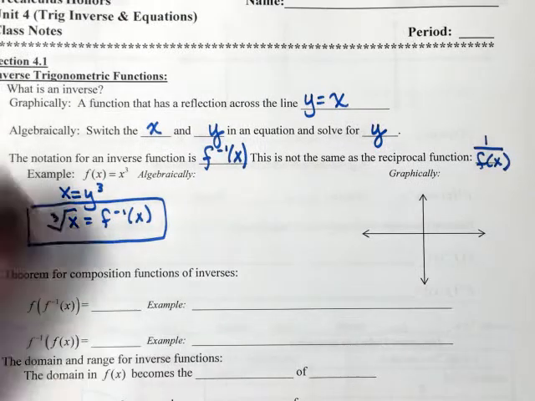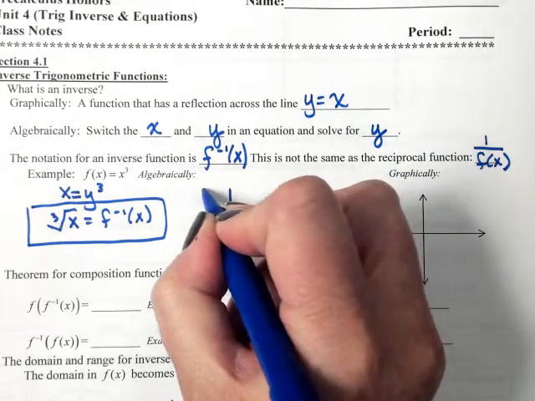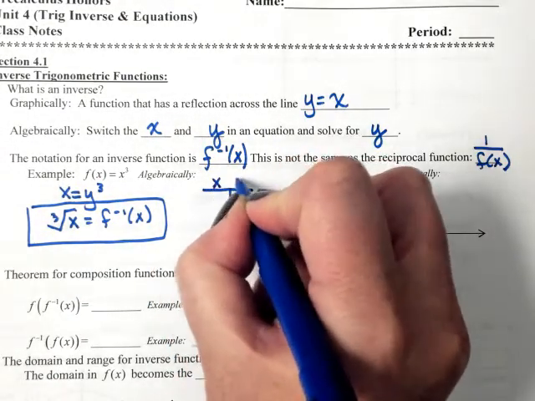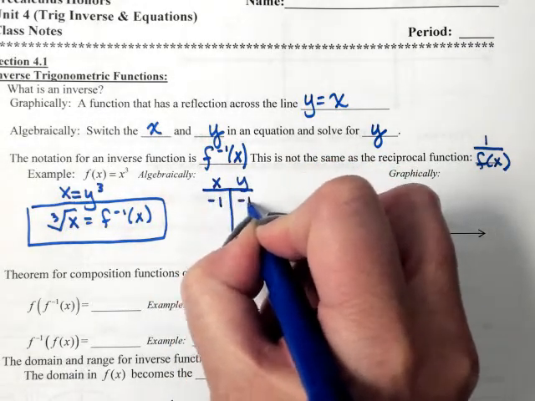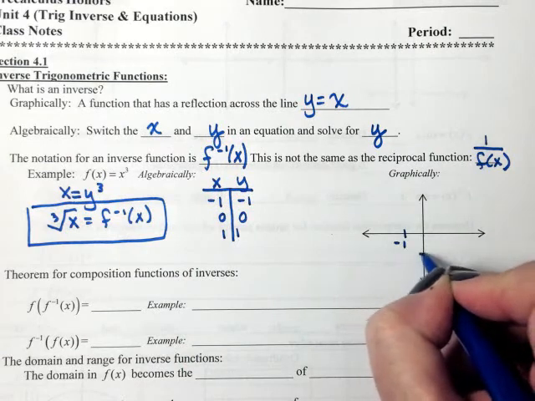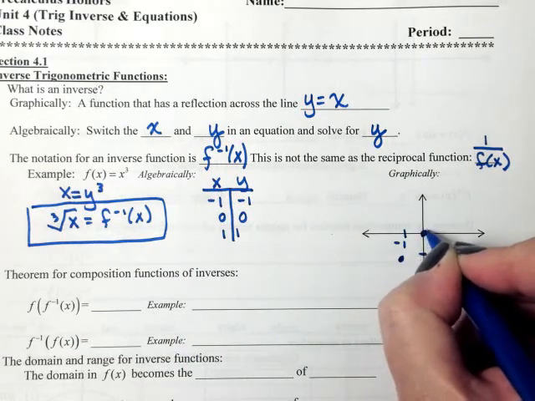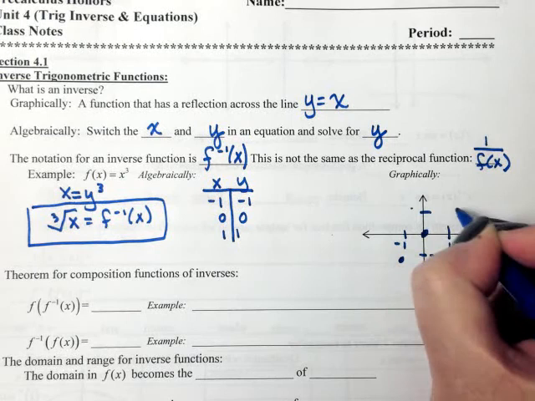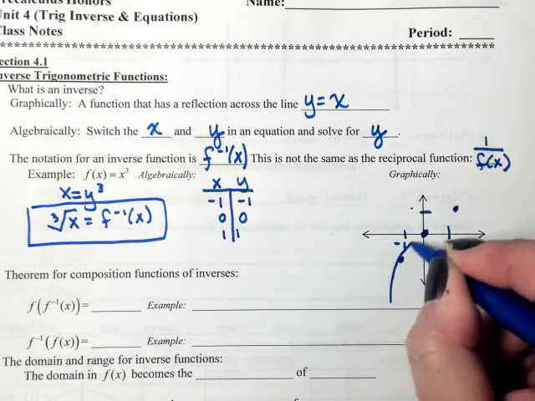Graphically, remember when you graphed x to the third, you have those key points on the graph. You've got -1, -1, 0, 0, 1, 1. So there's my graph of x to the third.